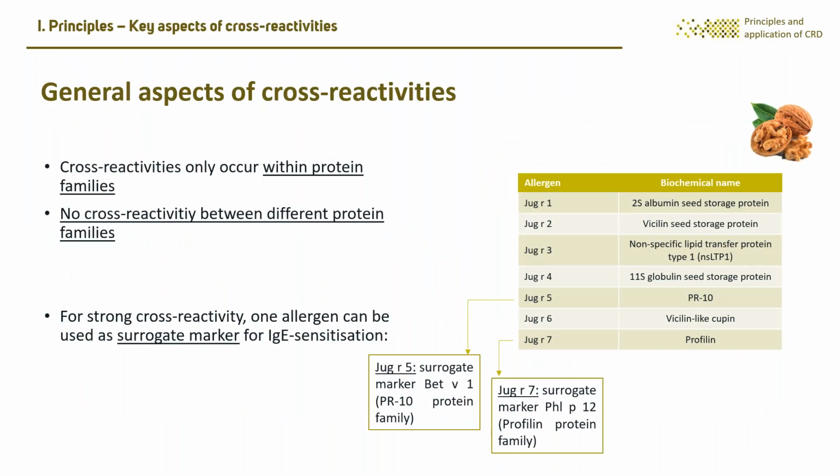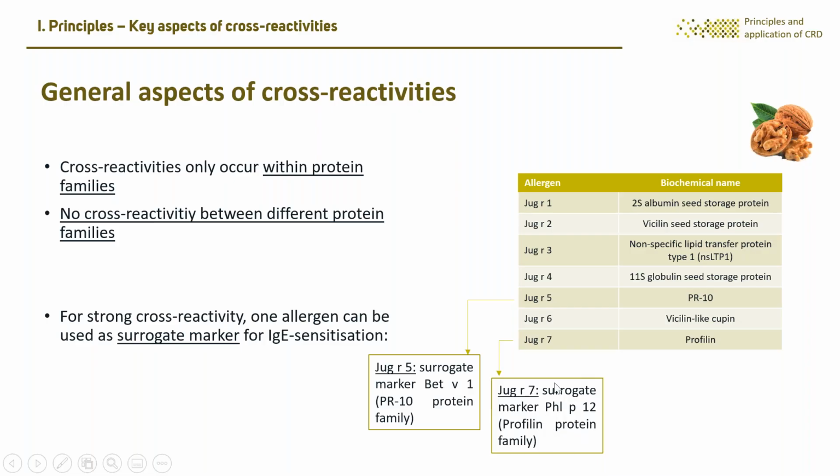So to put this on a more common ground, it is good to know that cross-reactivities occur between members of the same protein families. They do not cross the borders of different protein families. And in case of allergen families, which show very broad cross-reactivity, it is possible to define so-called surrogate markers for sensitization to the respective allergen family, like for example for profilins.